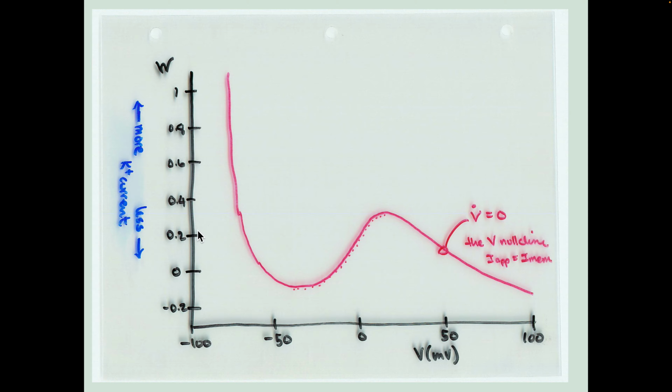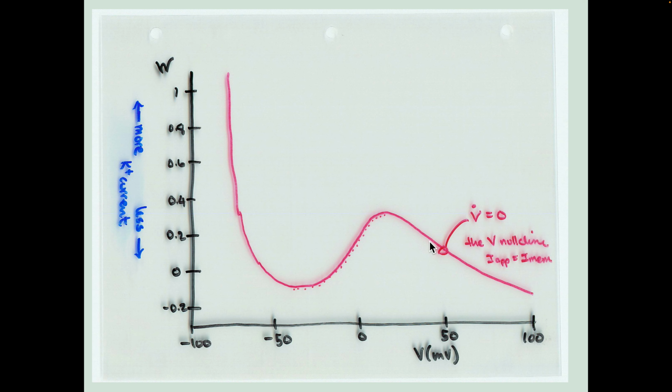But there are values of W here where there are fewer potassium channels open, like 0.2. That would be 20% of the potassium channels open. And in this case, there are 1, 2, 3 different steady state voltages.